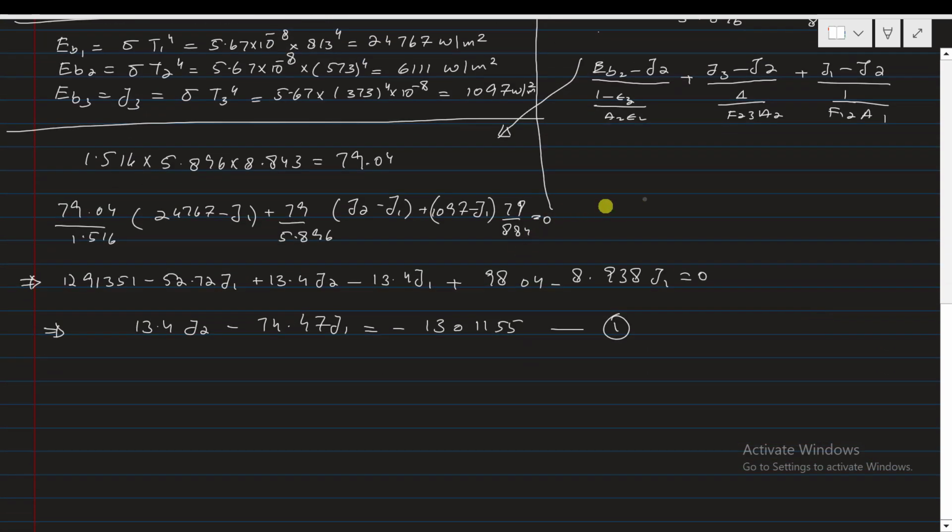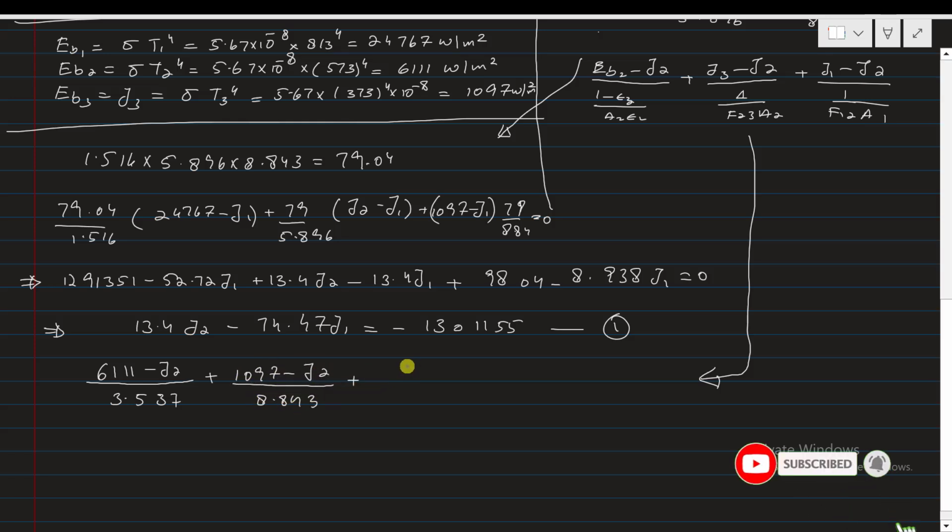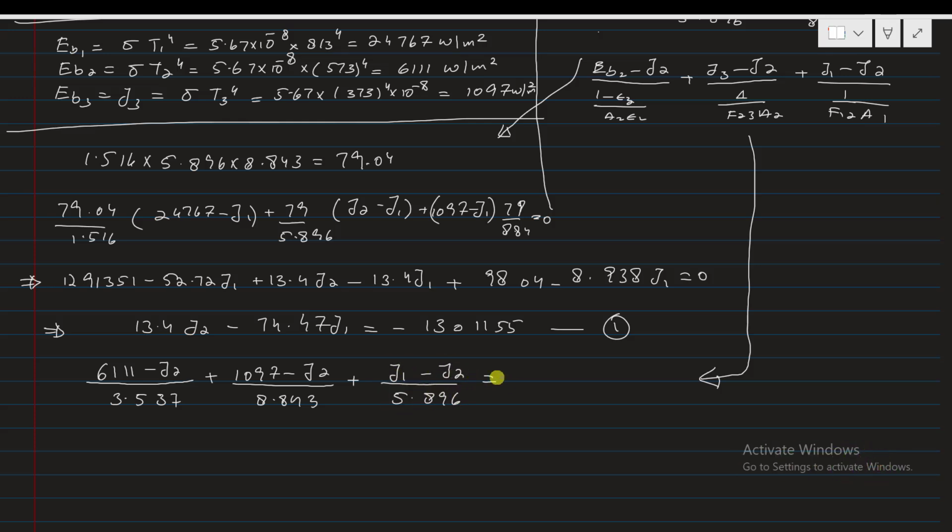Okay, so now take these equations and enter the values. Now I'm entering the values directly, and you will get another equation for node 2. Now simplify this.